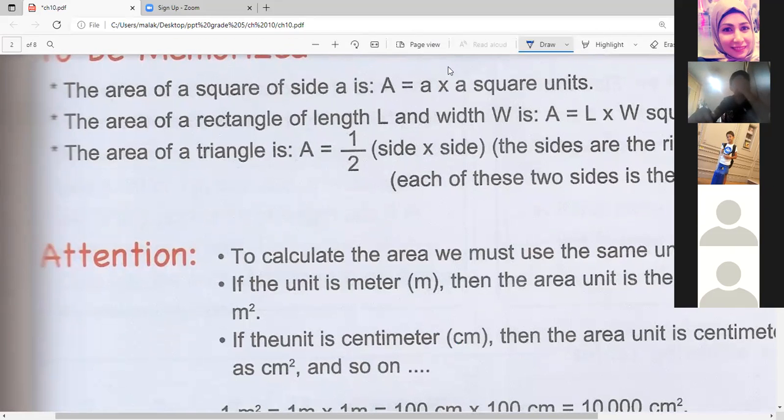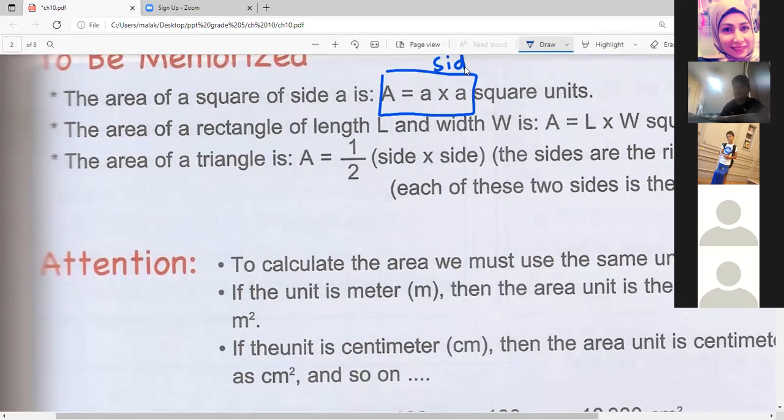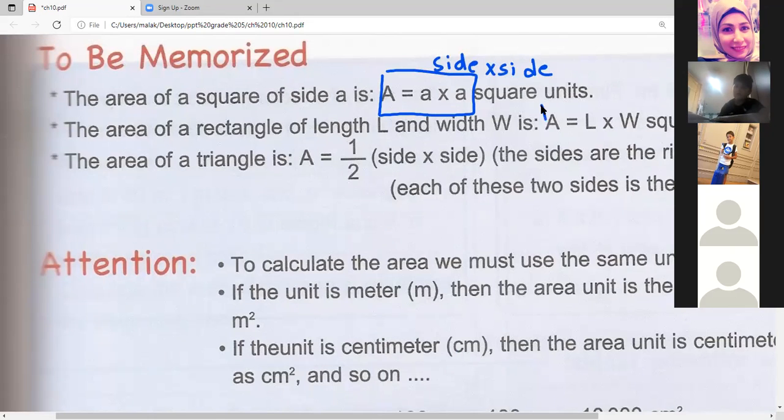We will edit the rules here. The area of a square, here they wrote a times a. It means side times side. The area of a rectangle is length times width. For the triangle we will not write side times side, we will write base times height. We give them names, base and height.